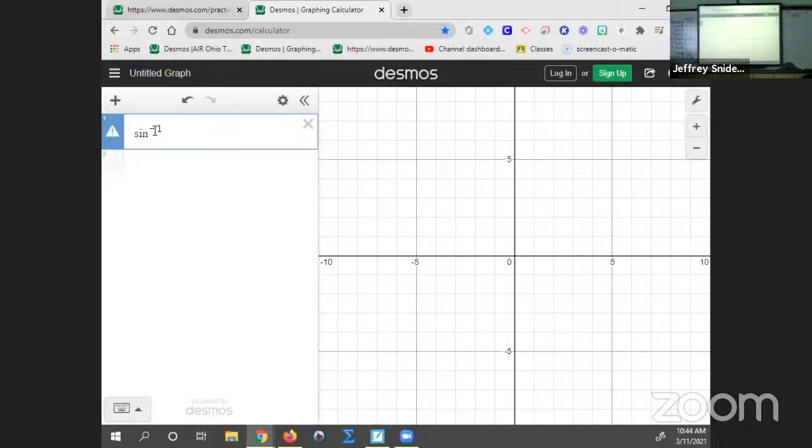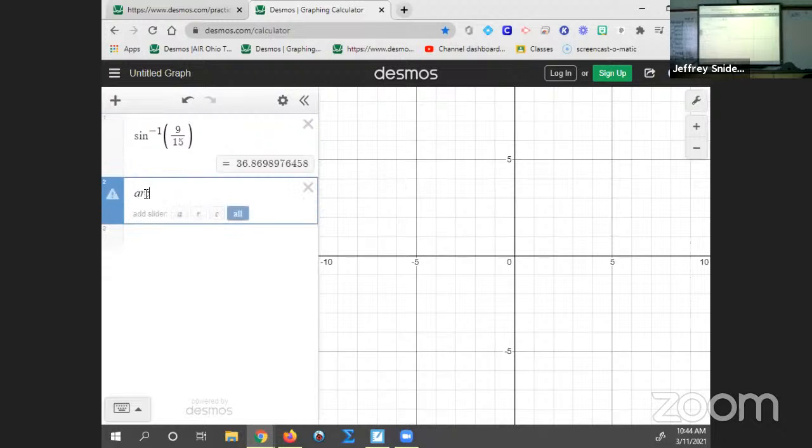Desmos knows you're doing the inverse. And then in parentheses, I'm going to put 9 divided by 15. There it is. You also could just type in arc sine of 9 divided by 15, parentheses, 9 divided by 15. There we go.